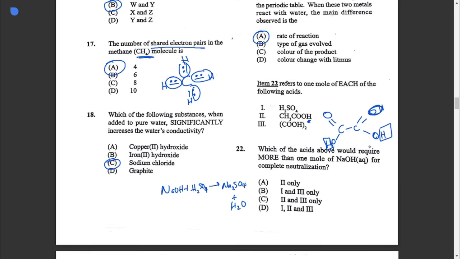To balance the sodium, we need 2 moles of sodium hydroxide, and it's the same principle for oxalic acid. However, for vinegar, only 1 mole of sodium hydroxide is required. So to answer the question, it is 1 and 3, so that's B.